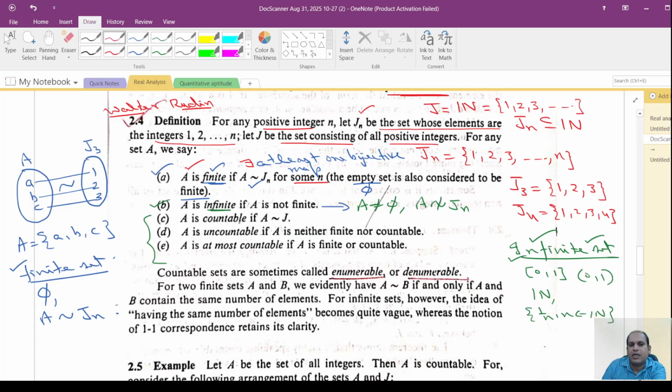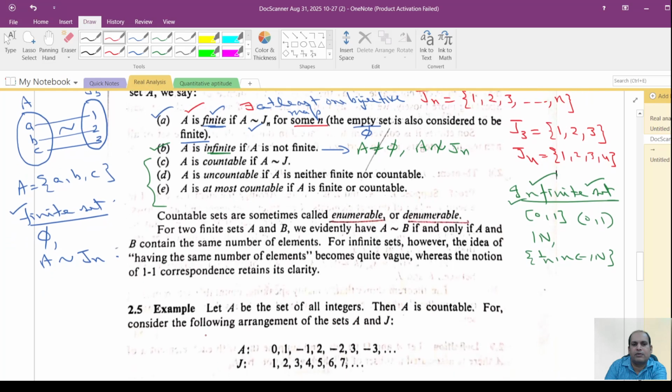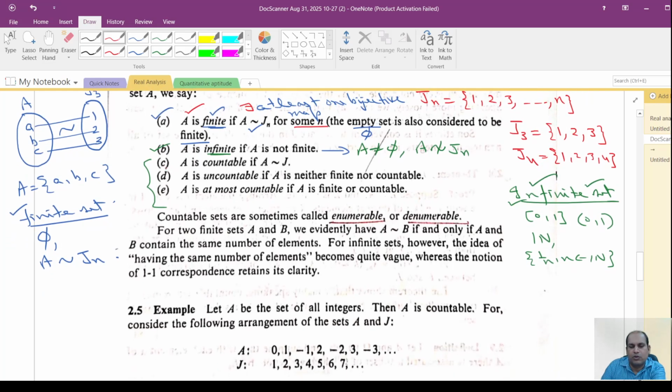A set is said to be countable if it is similar to the set of natural numbers, and uncountable if it is neither finite nor countable. Countable set means there exists at least one bijective map between the set of natural numbers and the given set. At most countable if A is finite or countable.